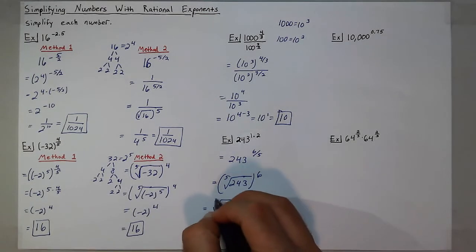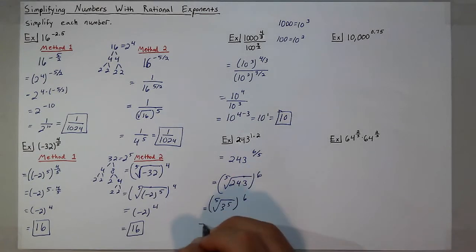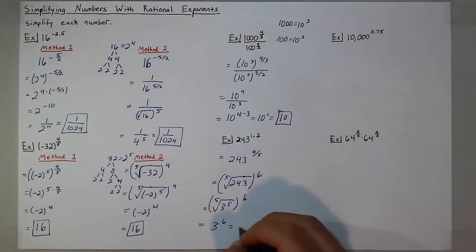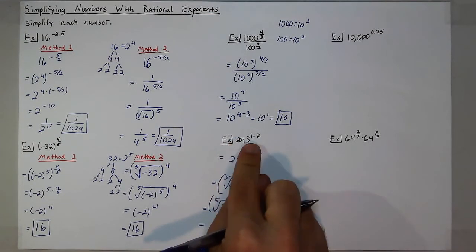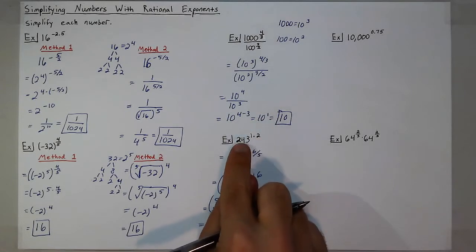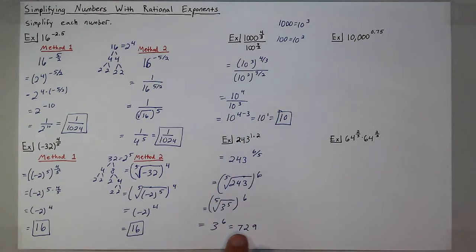So I have the 5th root of 3 to the 5th power, which leaves me with 3 to the 6th power. If 243 was 3 to the 5th, 3 to the 6th is just 243 times 3, which should be 729. The way I did that math is 3 times 200, which is 600, 3 times 40, which is 120, leaving me with 720, and then 3 times that 3, which is 9, so 729.